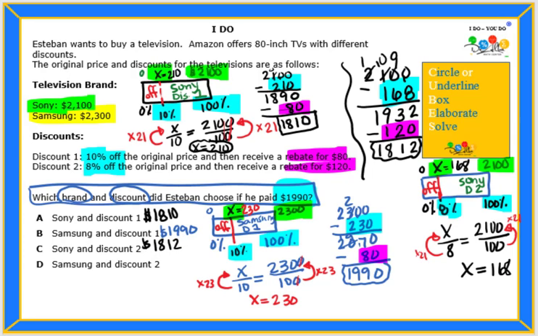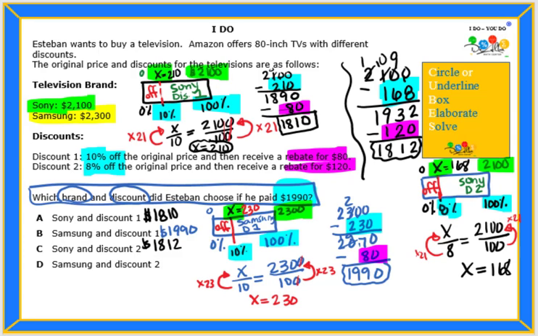Okay, and I am not going to do Samsung at discount 2 because remember what we talked about. Since I know that the same exact discount is being applied to a higher priced item, then I know the sale price will also be higher than 1,990. However, let's take a look at our question. Which brand and discount did Esteban choose if he paid $1,990?